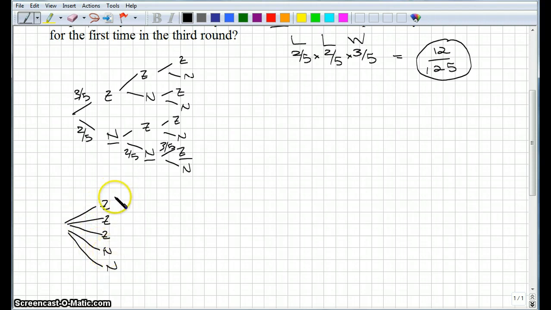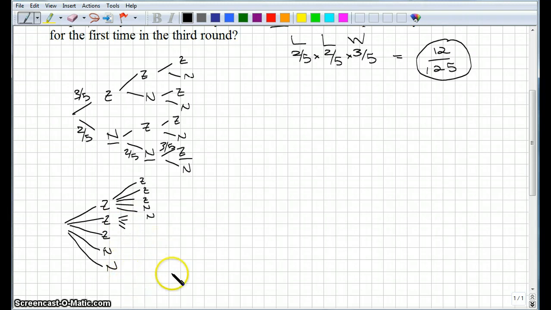Okay, so if we were to draw this tree, and I won't be able to draw this whole tree, you have 3 ways that Zoe could win the second round and 2 ways that Nick could win, and we'd have 5 branches here for each one of these, okay? So that's why it gets messy here.